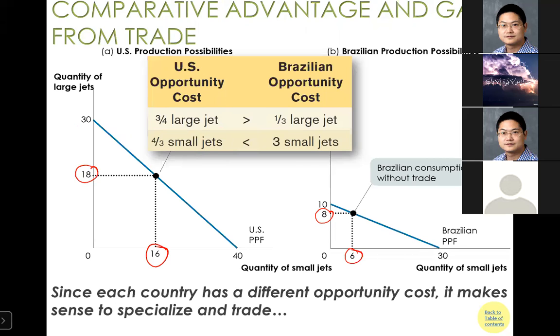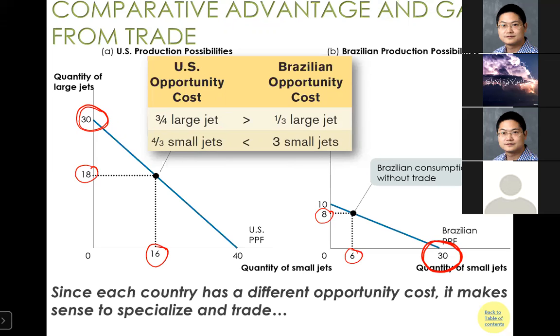That means the US is going to move to here. They are going to produce only larger jets, 30 larger jets. On the other hand, Brazil is going to specialize in small jets. They are going to produce 30 small jets.